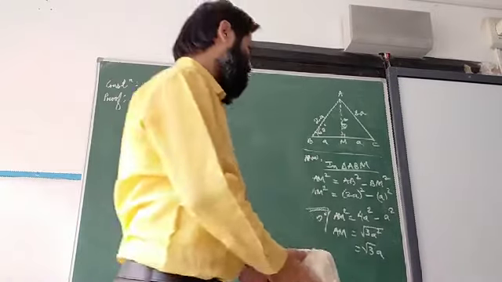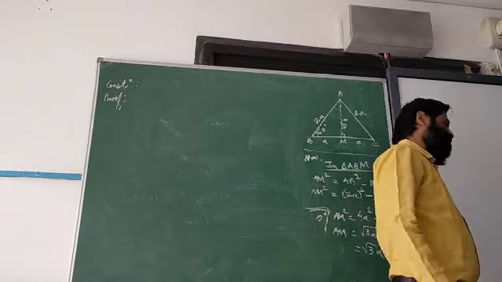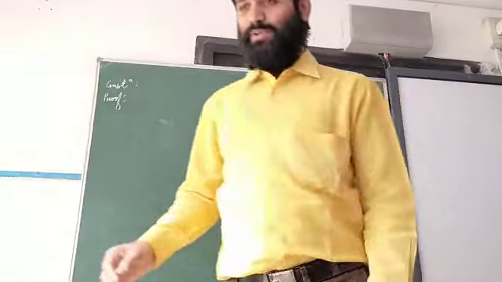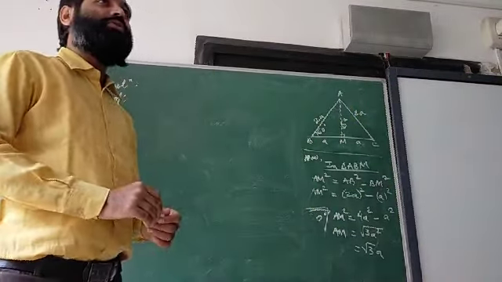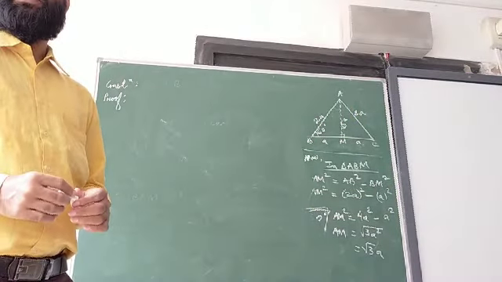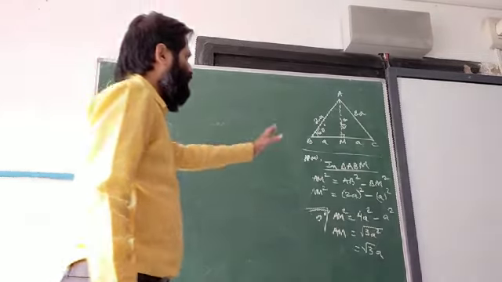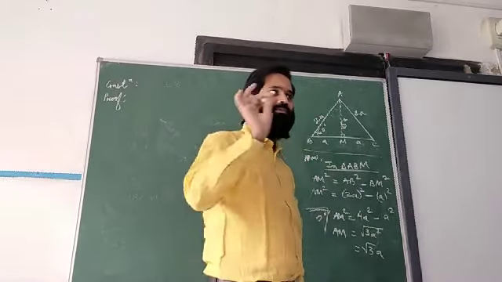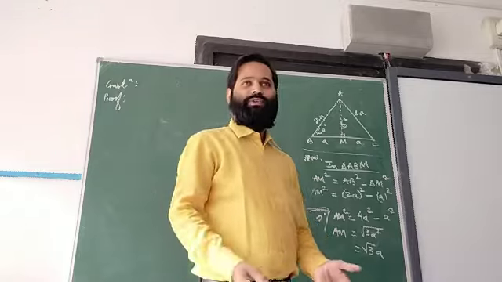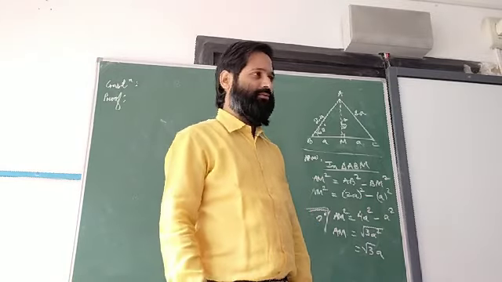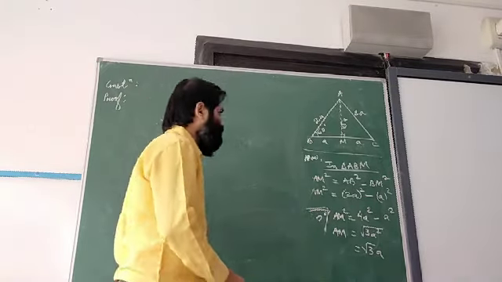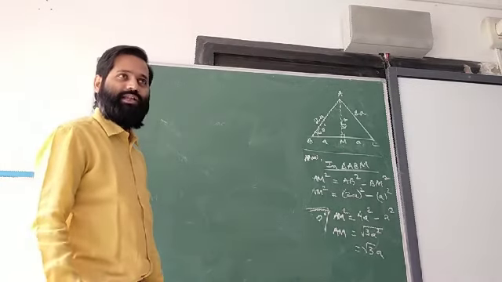Now the question was, find all the trigonometric ratios of 45 degree. Now listen properly everyone. You should use your common sense also. If you take an equilateral triangle, you will never get 45 degree. If you don't get 45 degree, how will you find the trigonometric ratio of 45? We know that trigonometry is applicable in a right angle triangle.